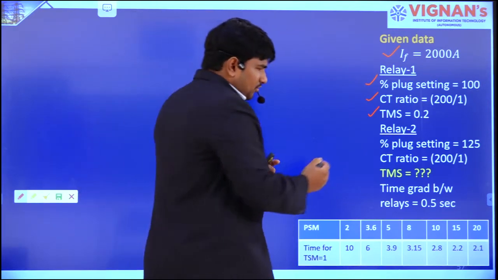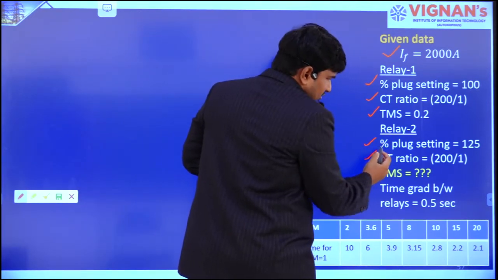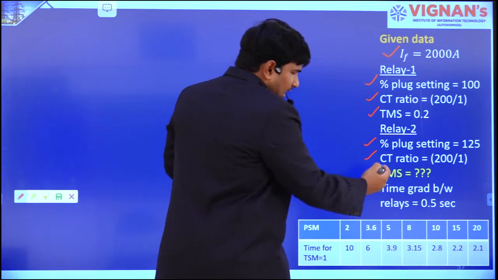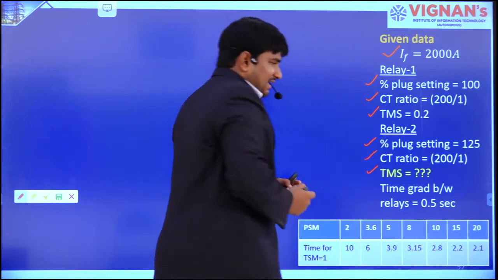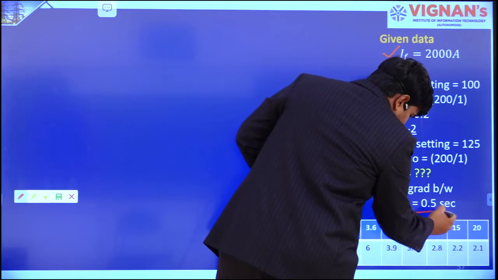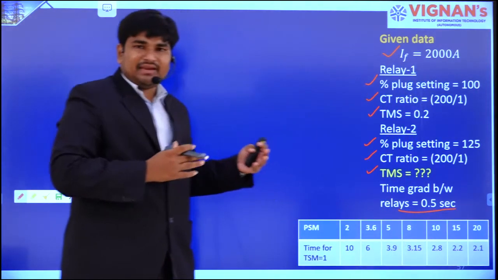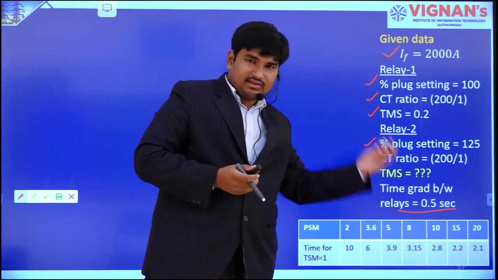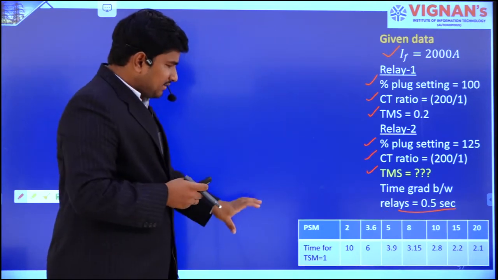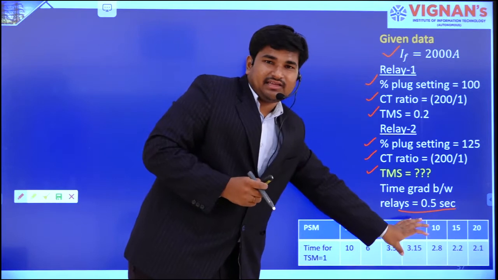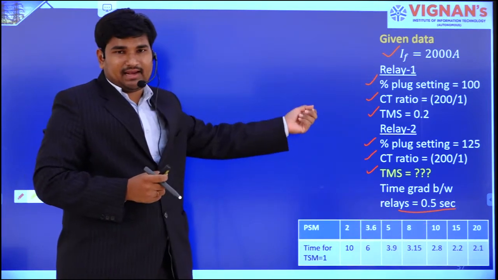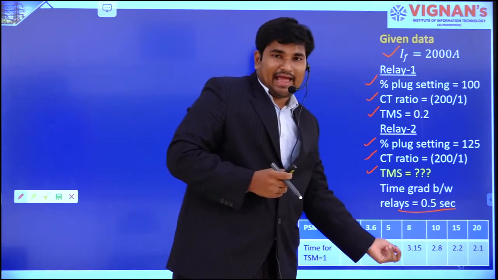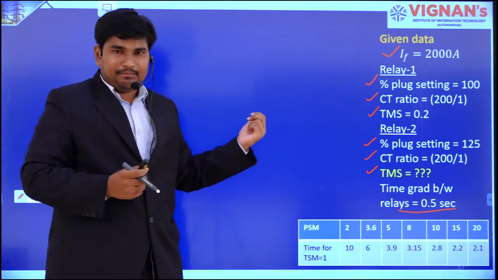For relay 2, plug setting is given, CT ratio is given, but they ask to find the time multiplier setting, and they have also given the time gradient between the two operating relays, that is 0.5 seconds. Now this is the characteristic given for this IDMT type relay. With the help of this characteristic, I can get the relay operating time.